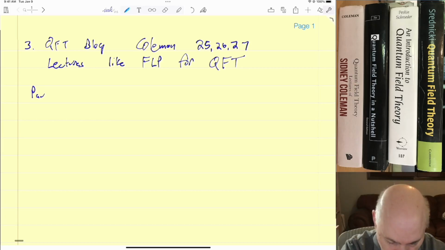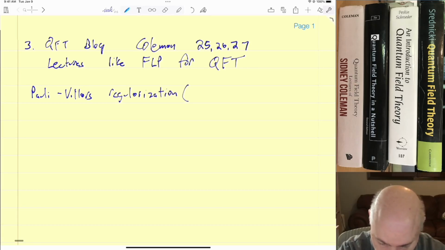Let's talk about Pauli-Villars regularization. And this is on Coleman, pages 526-527.